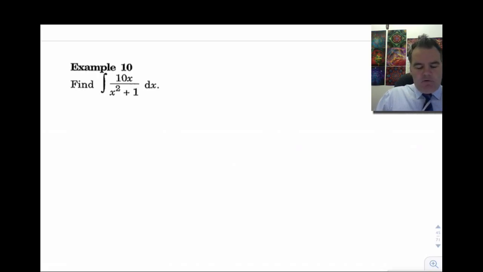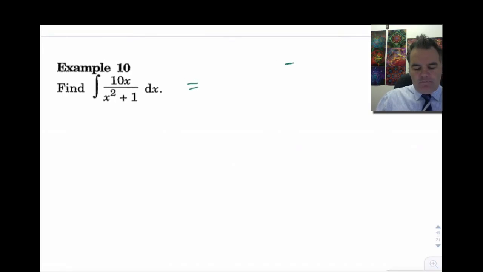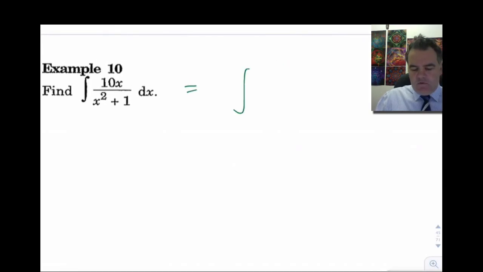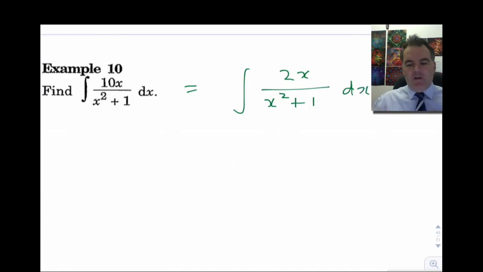In this example, again, what we want to do for these ones is write it in the form the derivative over the original. So the form that I want is that. That's what I want to get. If I've got it in that form there, then I know that the answer is going to be ln x squared plus 1.